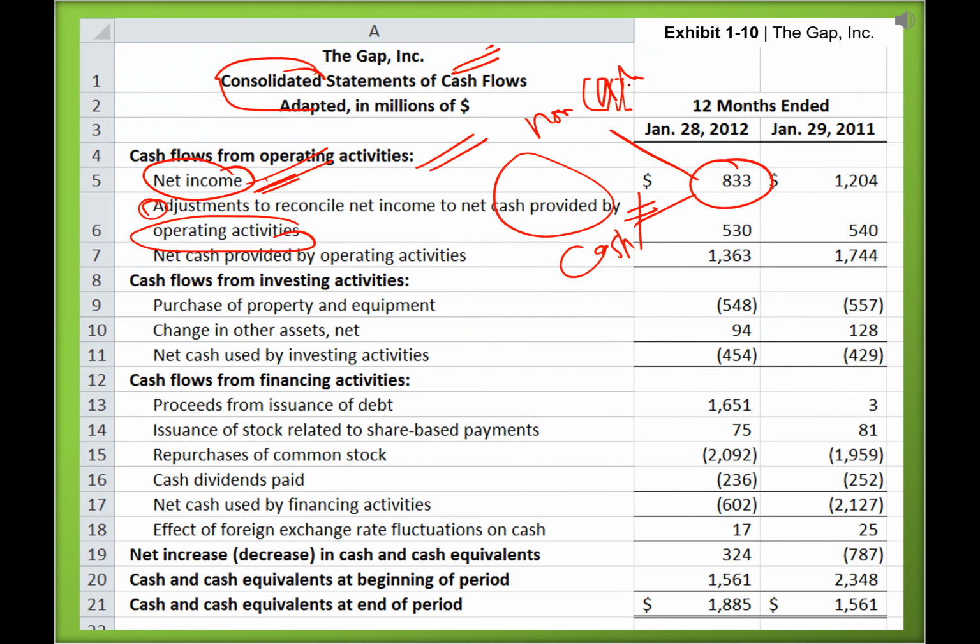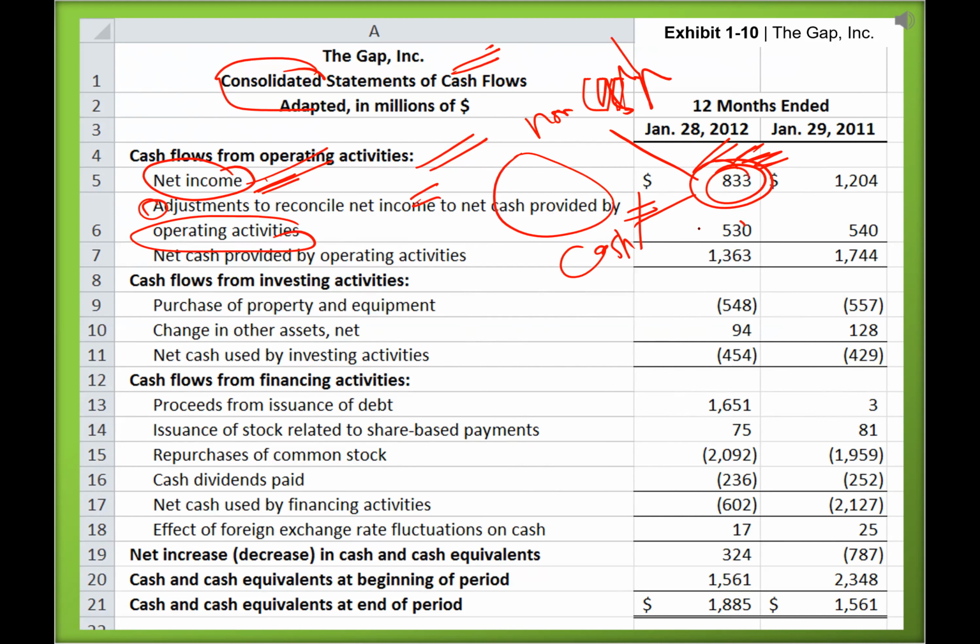Non-cash, for example, depreciation, right? So in that case, this is a misleading figure. The profit is $833 million. Okay, we understand that, but that doesn't mean it is exactly the amount that you earned in terms of cash. So that's why we are removing from or adding to this $833 million some adjustments.